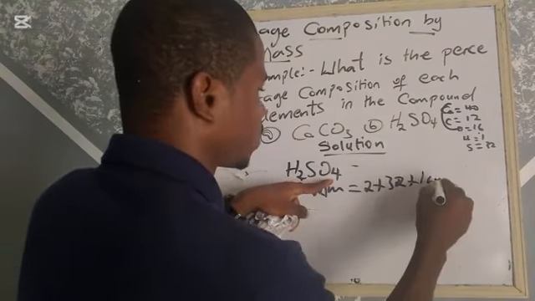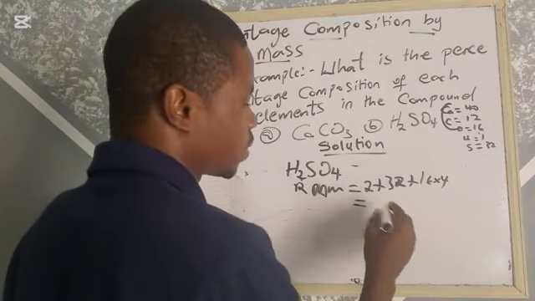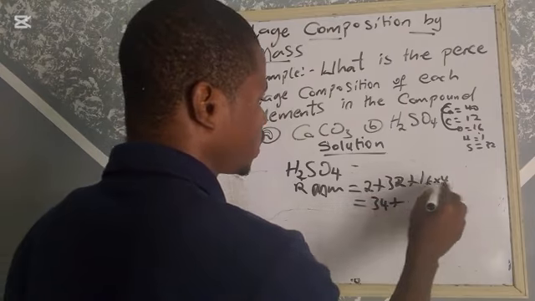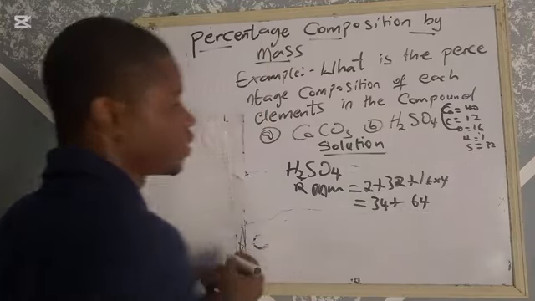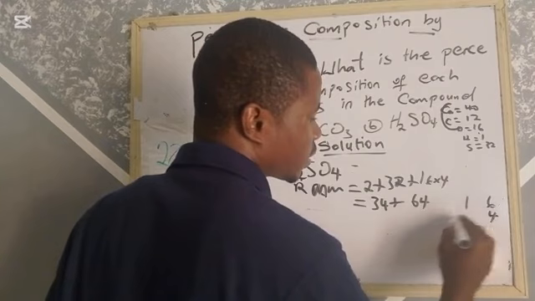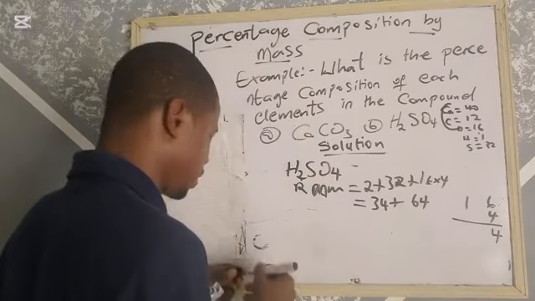If you do everything, 2 plus 32 gives us 34, plus 16 times 4. Let me confirm: 4 times 6 is 24, carry 2. Yes, it's 64.